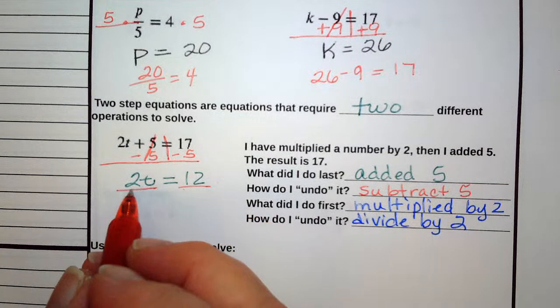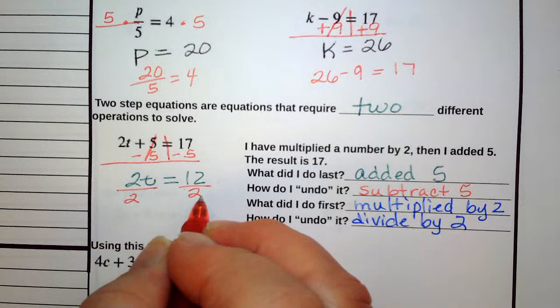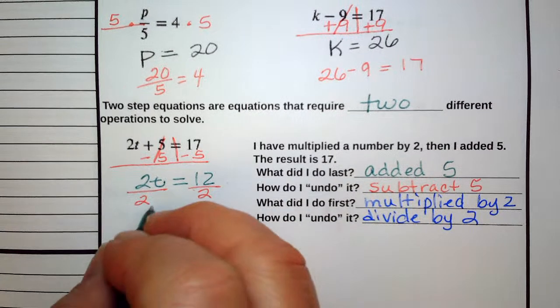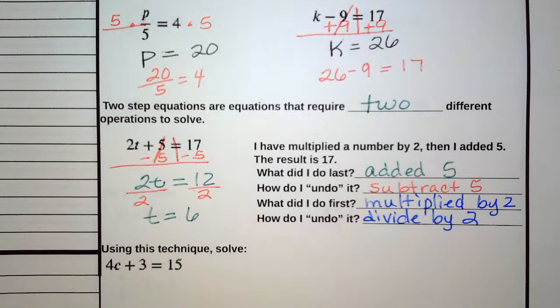Remember, we're just using the coefficient, that number in front of t. What is 12 divided by 2? That would be 6. So t is equal to 6. If I was going to check, 2 times 6 is 12. 12 plus 5 is 17. And that is the correct answer.